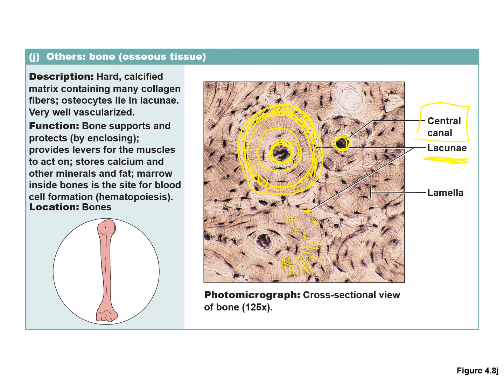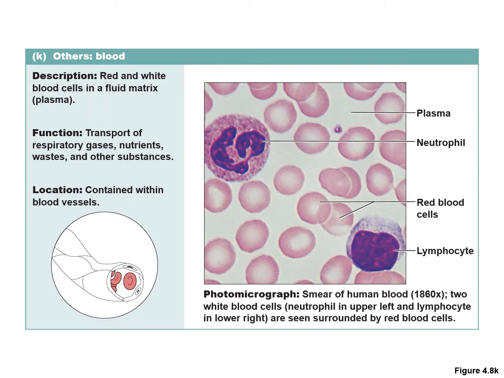What canaliculi do is connect the central canal with the osteocytes. What you find in the central canal are blood vessels and nerves. So blood vessels and nerves in the central canal bring nutrients and oxygen, which travel through these canaliculi to osteocytes, right? Okay, so that's a brief structure of the compact bone.